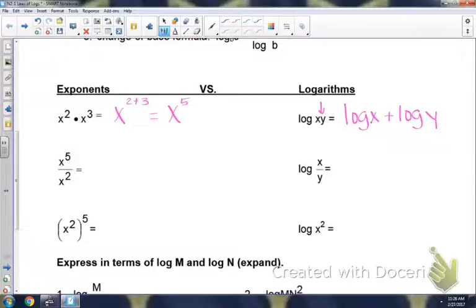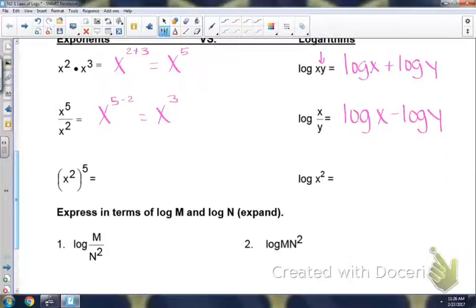Very similar to laws of exponents. On this next one, we're dividing, so we subtract the exponents, which will be x cubed. On the next one, we're dividing, so we can subtract the logs. We'll do log of the numerator, x, minus log of the denominator, y.